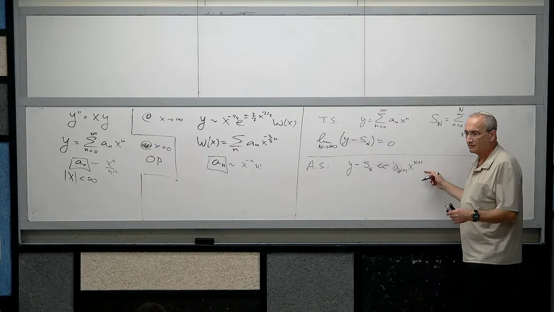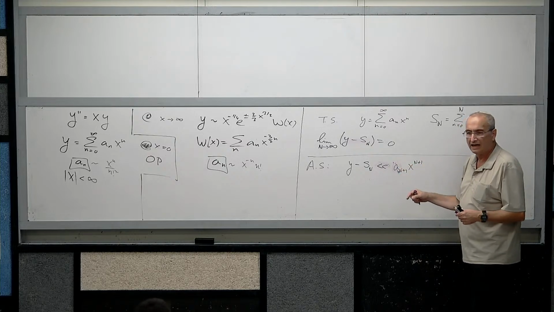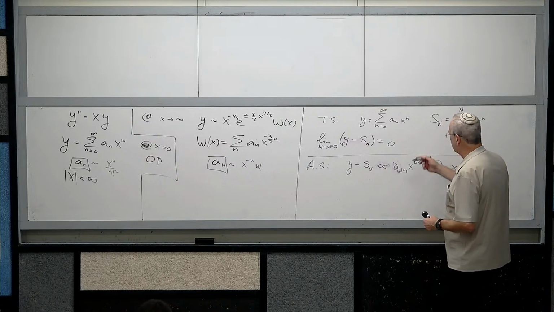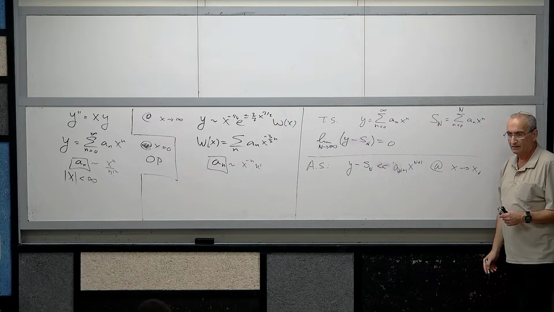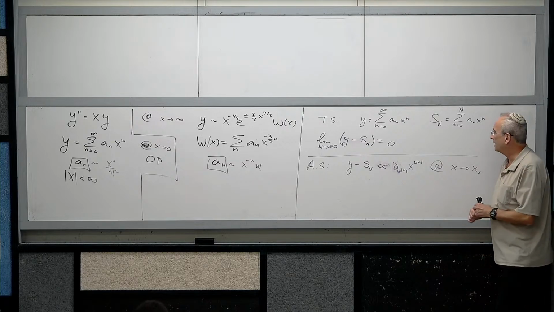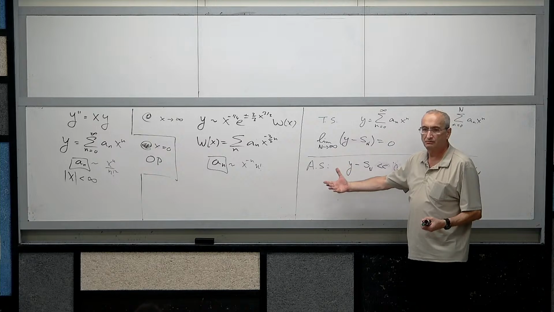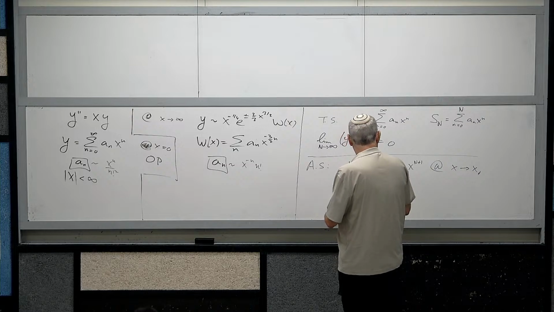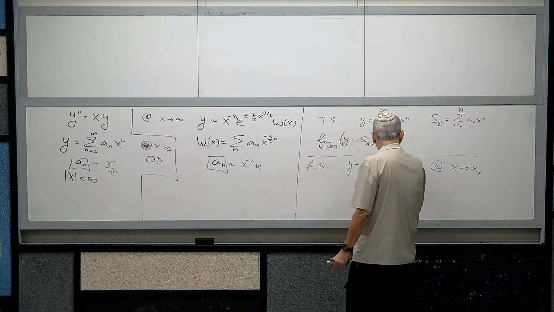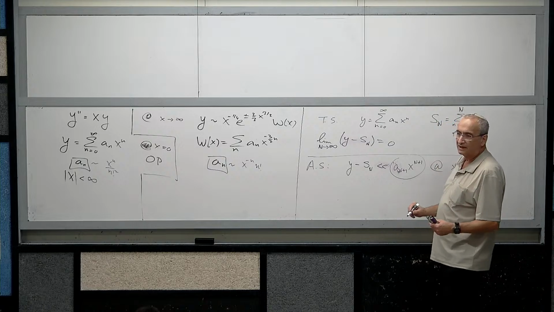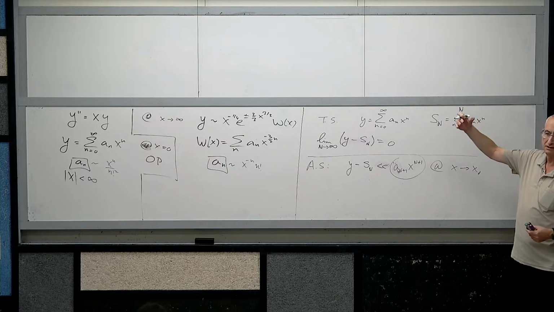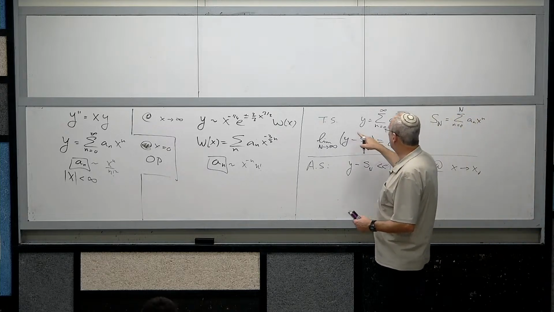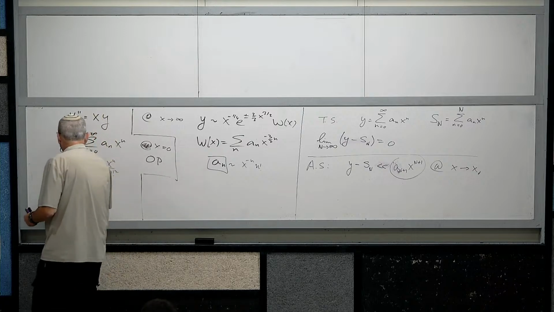I wrote it like that, but it may be 3/2 of n plus 1 and whatever you like, as x goes to x naught, in our case infinity. So the asymptotic series should not converge by any means. All it can do, but we know, is that the next term puts a bound on the accuracy of the series as x goes to infinity.